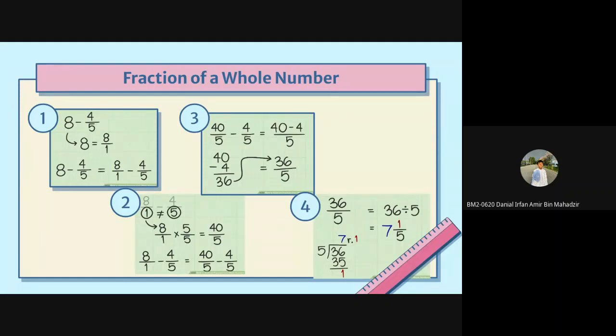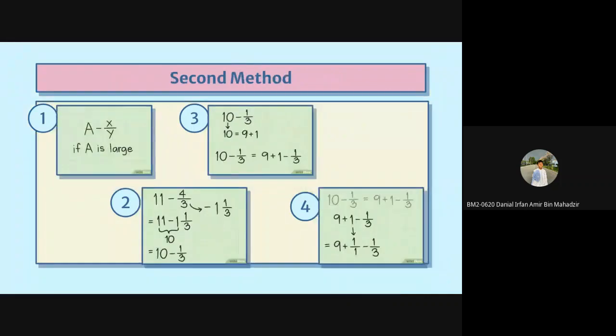Next. Okay, the second method is when the whole number is large. As we can see, the question is 11 minus 4 over 3. 4 over 3 is an improper fraction, and it can become a mixed fraction, equal to 1 1 over 3.